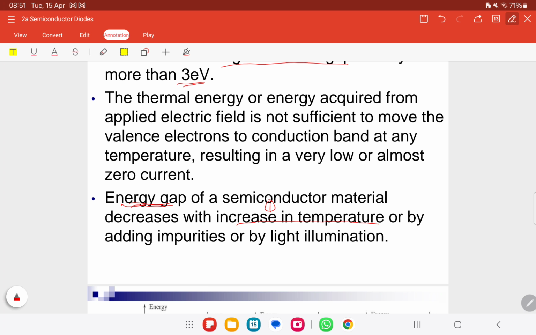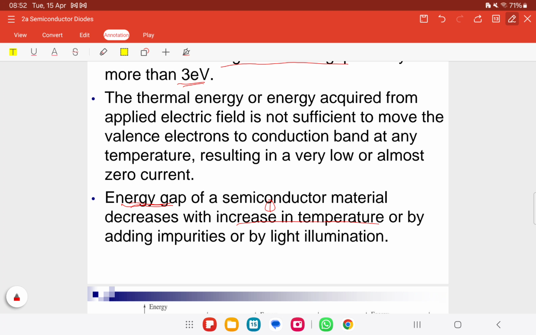Okay, why do we want to make the electrons jump from the valence band to the conduction band? Why? Because we want to get the current flow. Yes, we want to get the current flow. One process is to increase the temperature, but not until, like the one at Putra Heights, 1000 degrees Celsius. That cannot be, everything will melt.